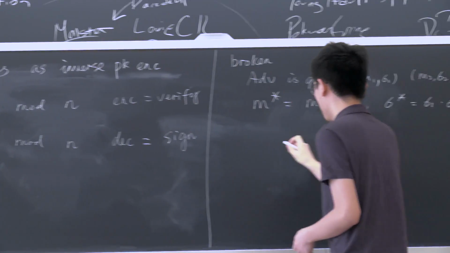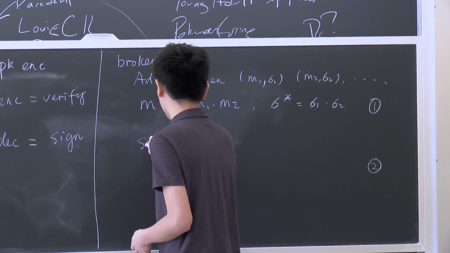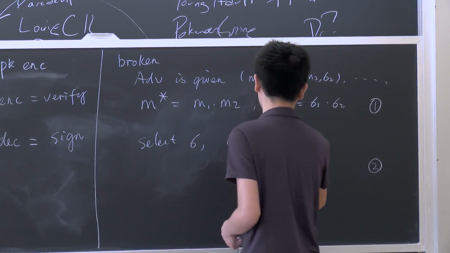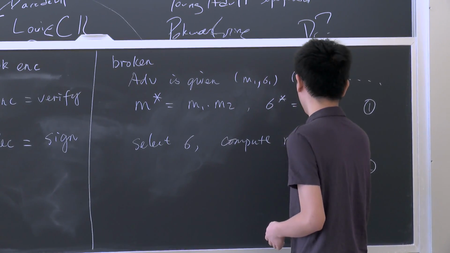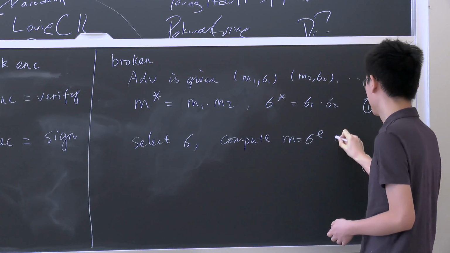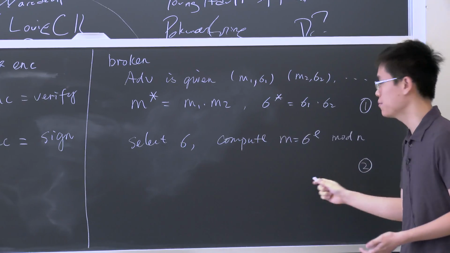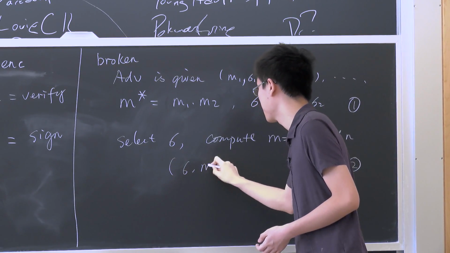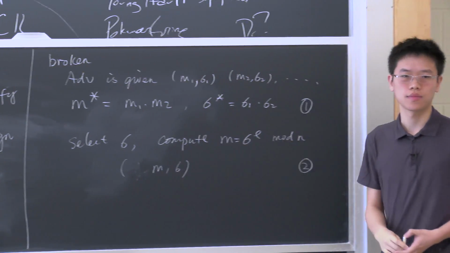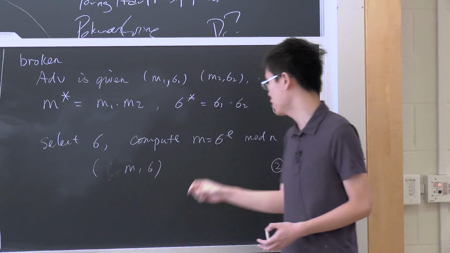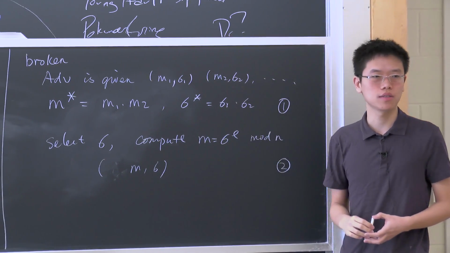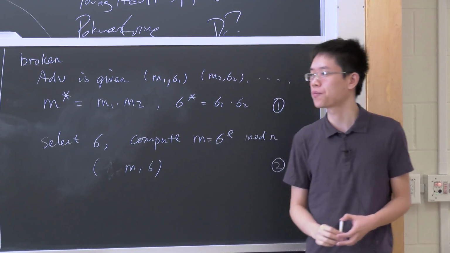So I'm going to select the sigma, and compute m equals sigma raised to e, because e is my public key, mod n. I can do that, right? And then output m, sigma. I select the signature first, and I raise it to the power of e. I get a very strange message, but that doesn't matter. That's my forgery.